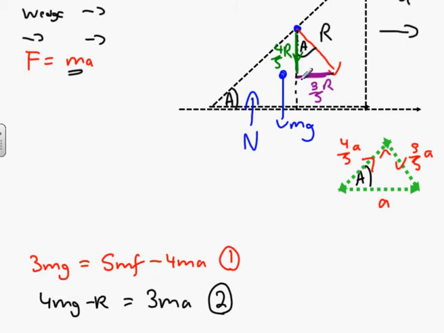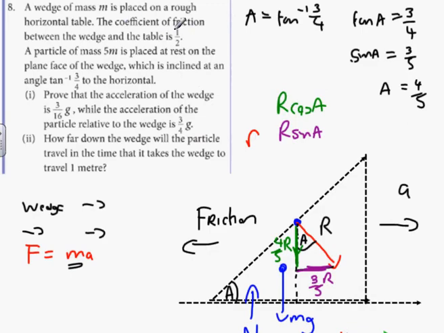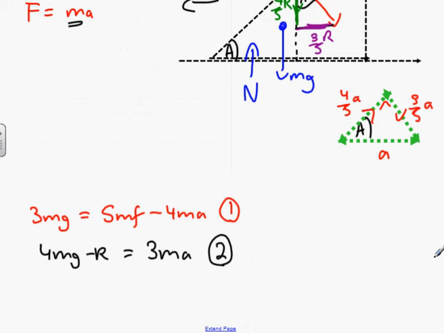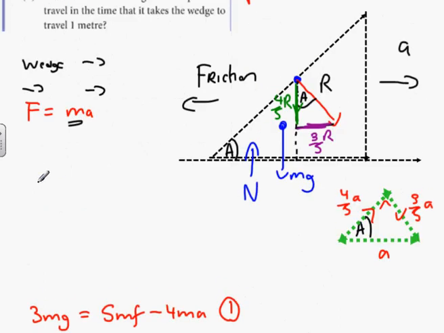We forgot friction, guys. Friction opposing its motion to the left, because it says that the coefficient of friction between the wedge and the table is a half. So mu equals a half. Good call. So what we're going to have here is, first of all, what force drives it to the right? 3/5 R driving it to the right.